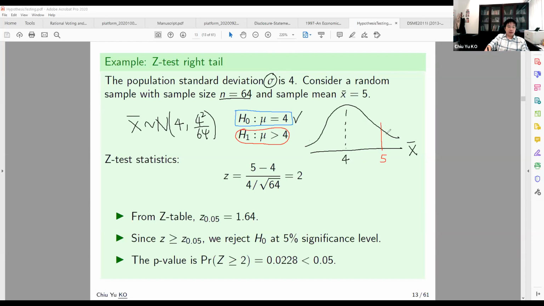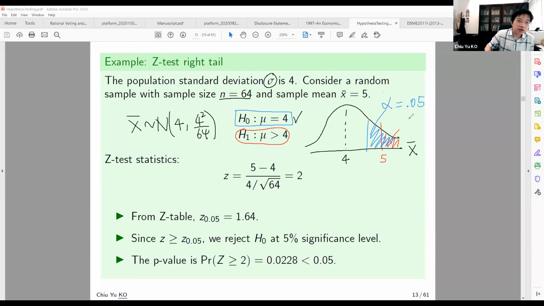So when we test it, we have a predefined area that we call alpha. Maybe a blue area, say alpha. We would put, say, 5%.